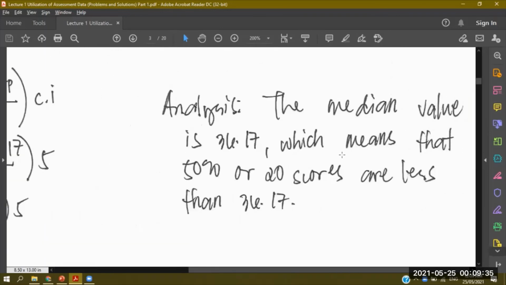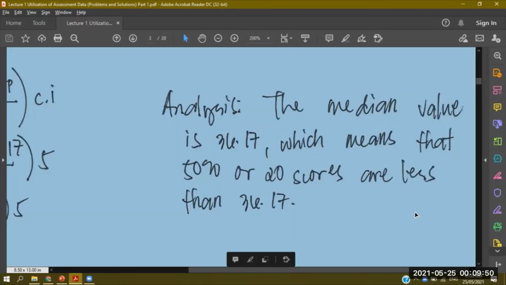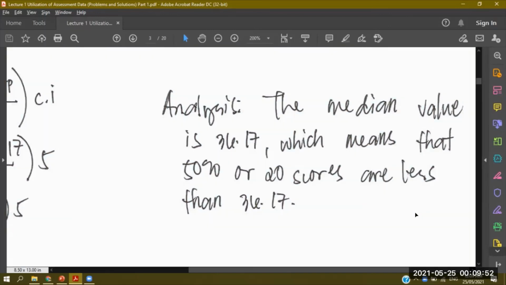Okay, so what is now the interpretation of this analysis? The median value is 36.17, which means that 50% or 20 scores are less than 36.17. Remember, there are 40 of them in all. So 50% or 20 scores are less than 36.17.